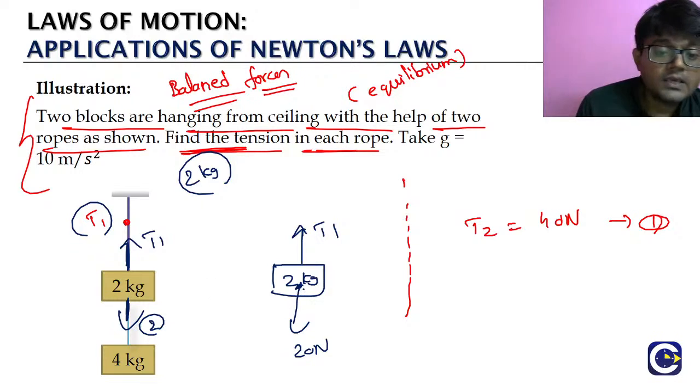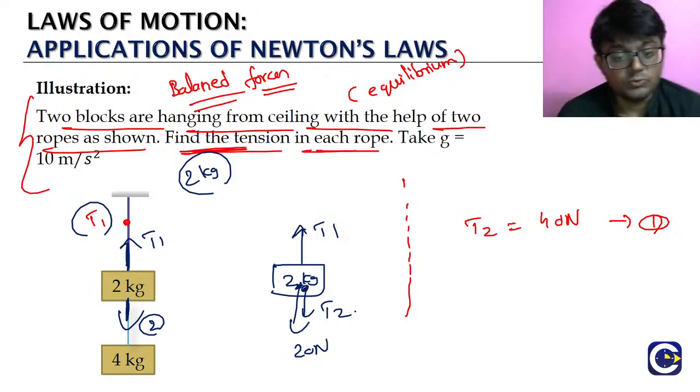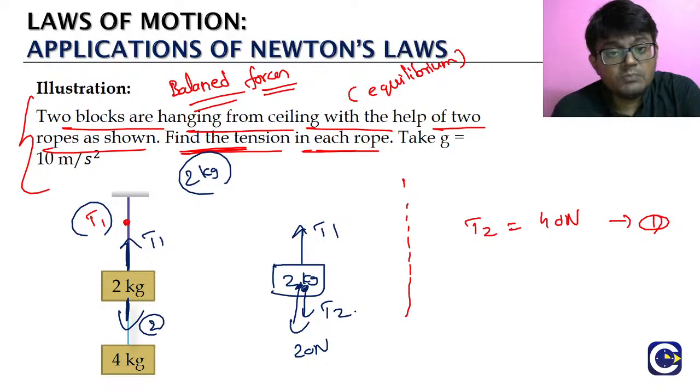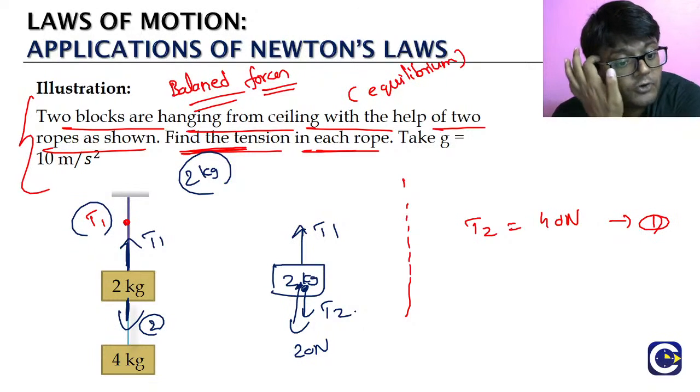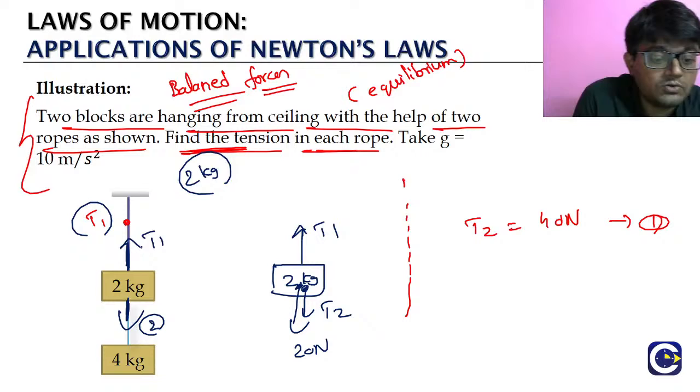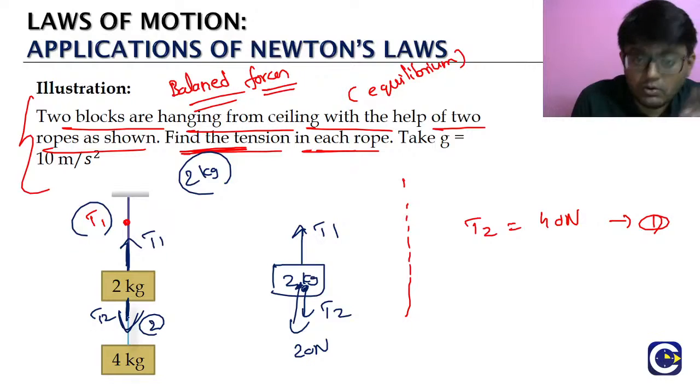It means there will be one more downward force, that is T2, because the 2 kg block is also connected to rope 2. There will be a tension force acting on the 2 kg block. How will it be? Look, the tension force acting on the 2 kg block because of rope 2 will be down.